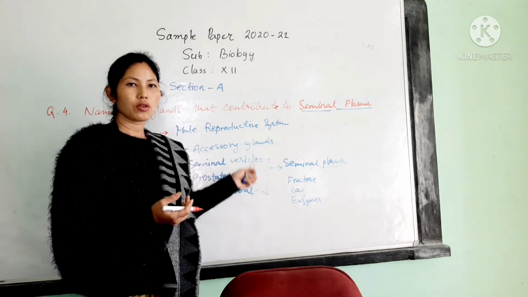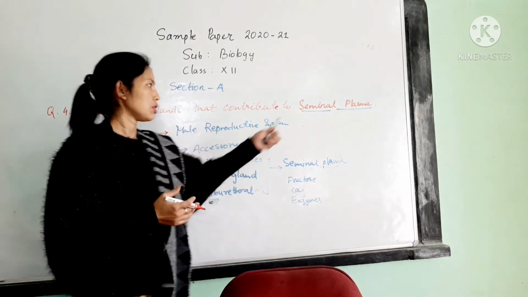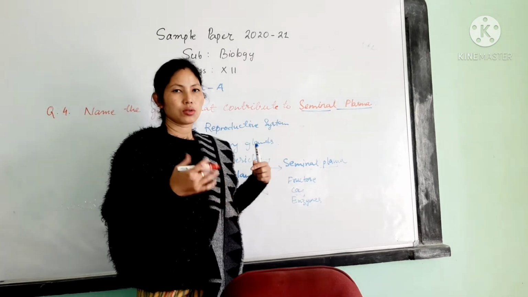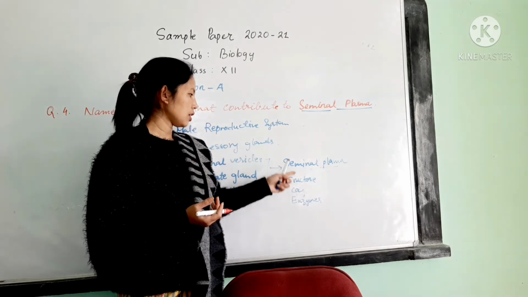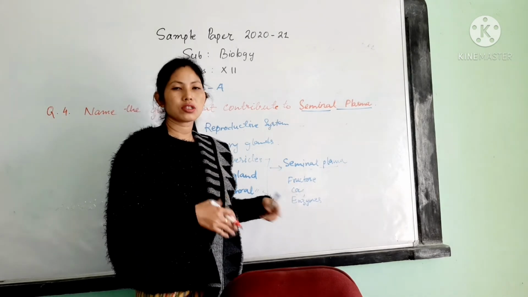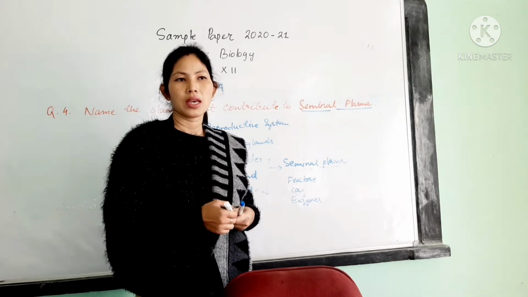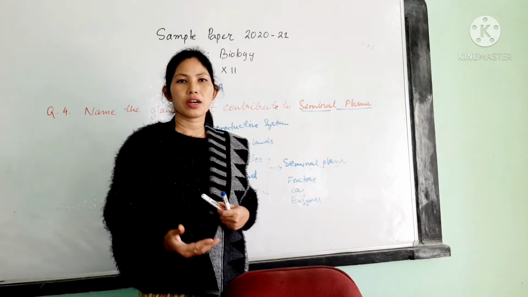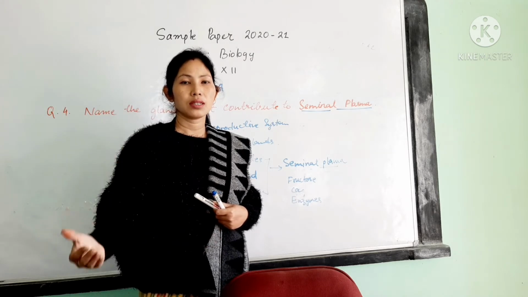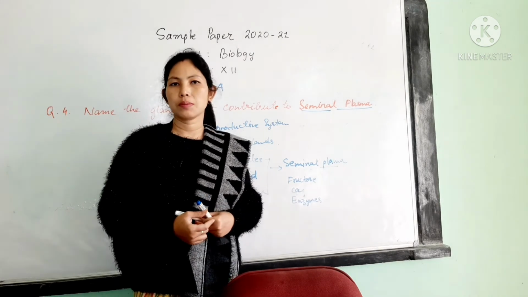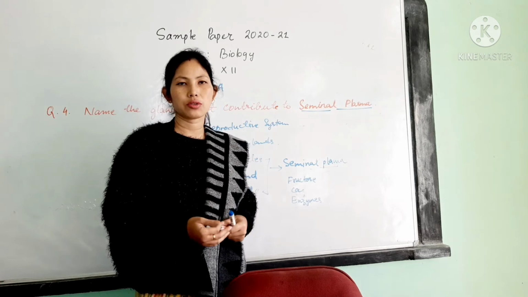So the secretion of these different glands constitutes the seminal plasma. This seminal plasma contains fructose, calcium and some enzymes that help in the nourishment of the sperm, as the sperm has to remain viable and healthy until it reaches the female reproductive system for fertilization to happen.